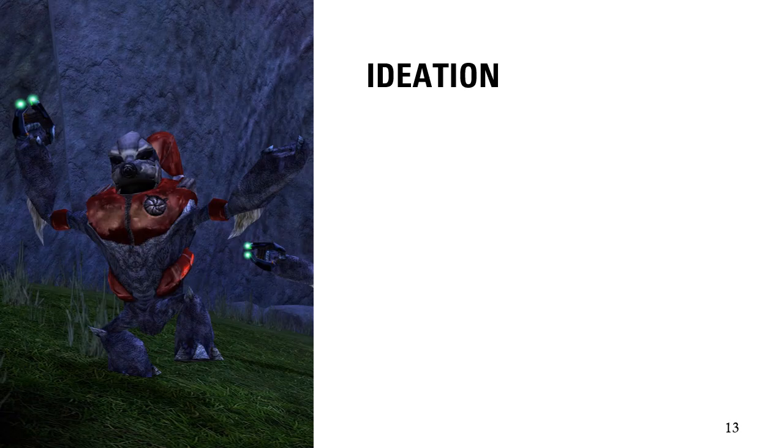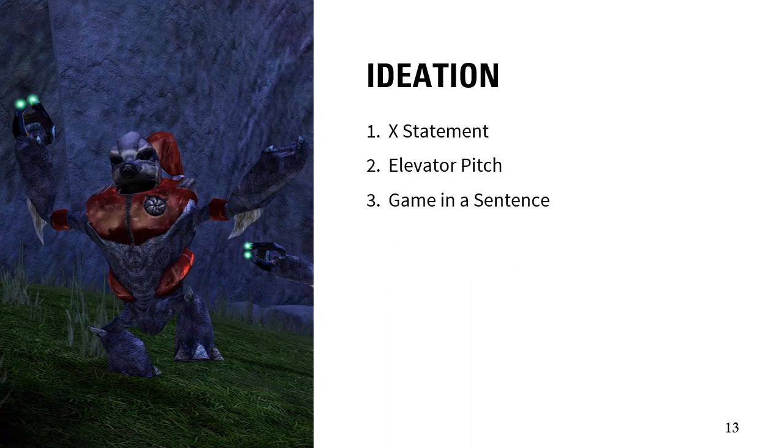There should always be high-level solutions, and you can figure out details later. Things you may want to think about when communicating your idea is, can you describe it using an X statement, or perhaps put it into an elevator pitch? Describe the game using only a single sentence, or maybe 3 to 5 bullet points gets the idea across better.